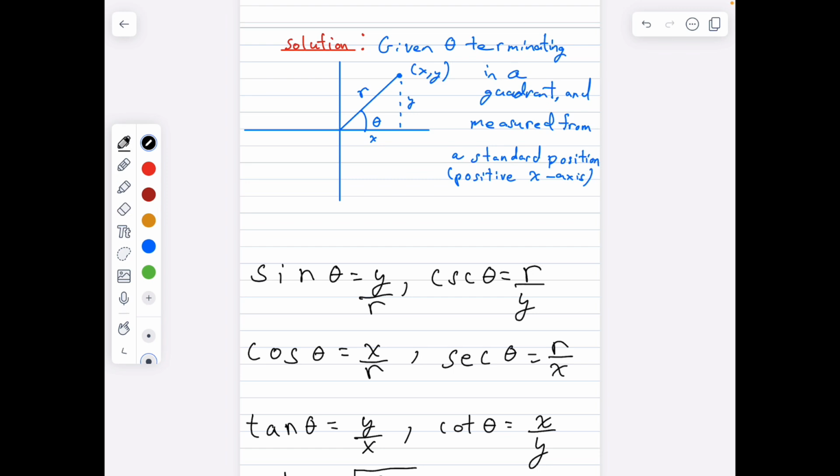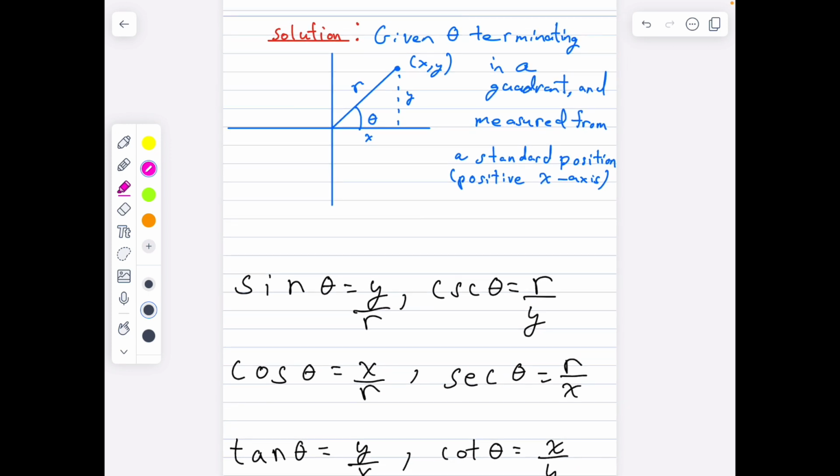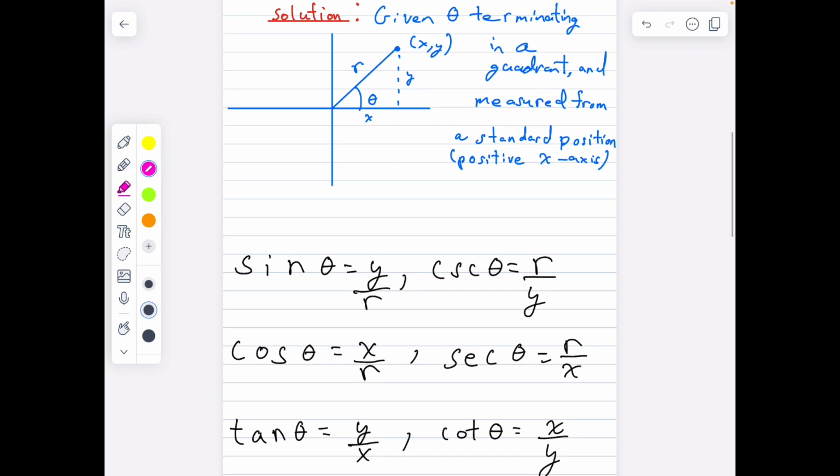Then we have the following definition. I drew an angle here in the first quadrant, but this applies anywhere. You have this value r, which is the distance from the origin to that point (x, y), and for that angle there's a unique x and y. Now, the 6 trigonometric ratios are the following.